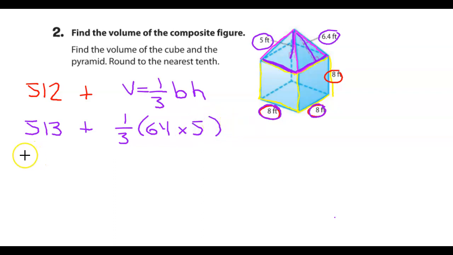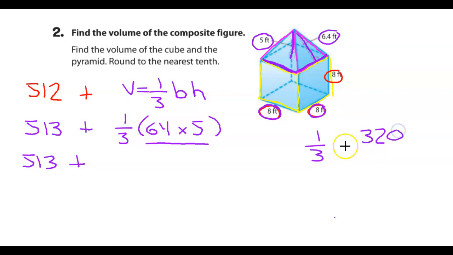So let's go ahead and do 512 plus, you can do this a few different ways. I think it might be easiest for you guys if you just do 64 times 5. And if you do 64 times 5, that's going to give you 320. So we're going to do 1/3 of 320, and that's really just the same as taking 320 and dividing it by 3.